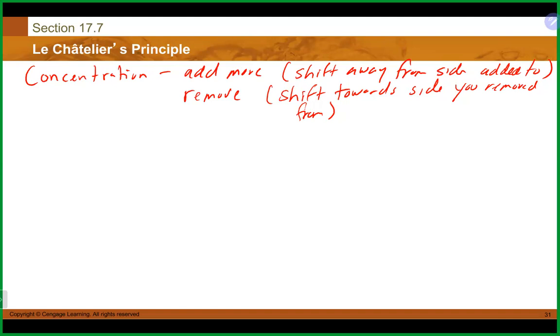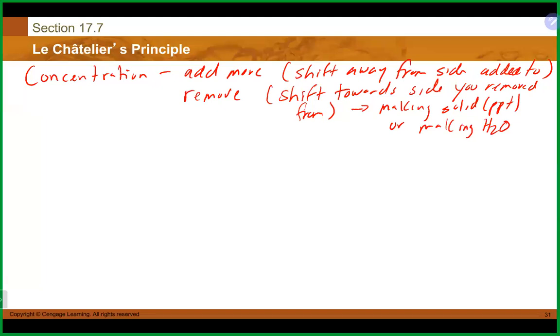Removing usually involves one of two things. To remove usually involves either making a solid or a precipitate, or making water. So those are two common ways that you can essentially, if you have a solution, reach in there and take something.